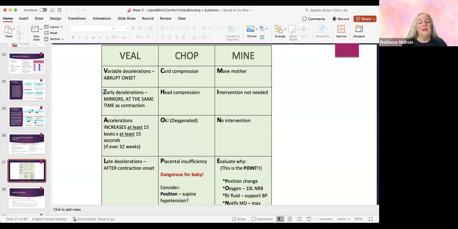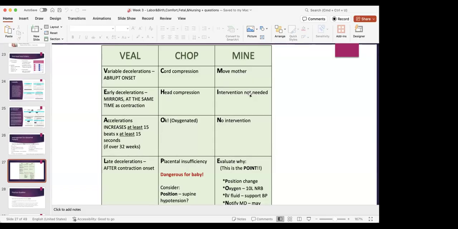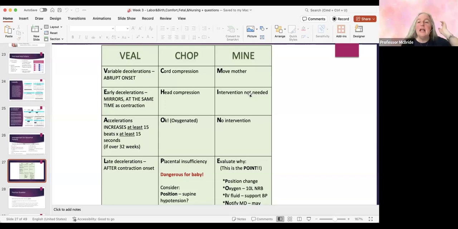If we follow this across, early decelerations are caused by head compression, and the I from MINE means interventions not needed. If you have early decelerations, this is normal. So if you see a question that says, what is the priority intervention for early decelerations? What's the priority intervention? Nothing. Document.